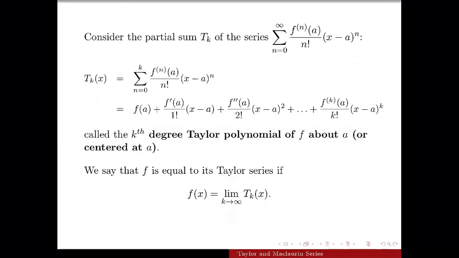Remember, you have a series, you have a sequence of partial sums. The sum is equal to the series if the sum equals the limit of the partial sums. That's what we are doing here, and we are doing it pointwise.